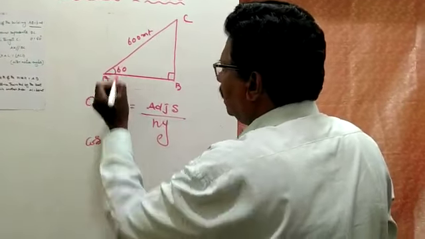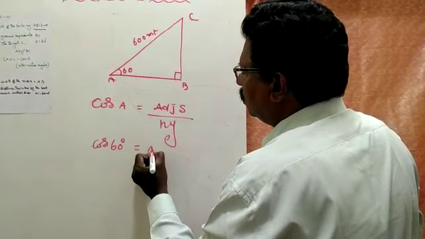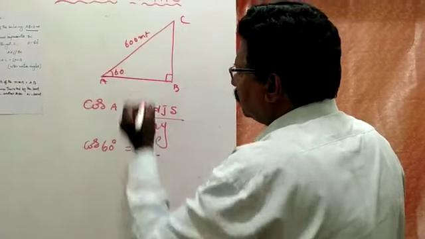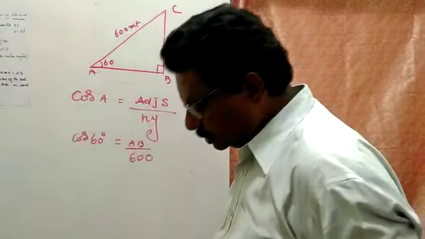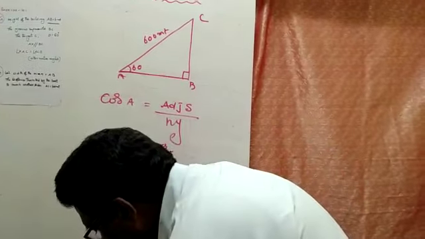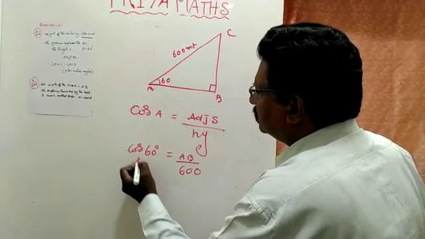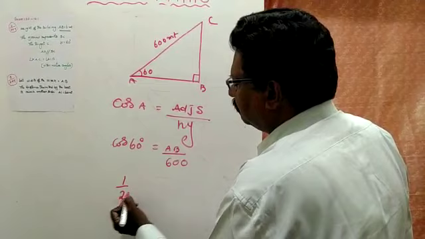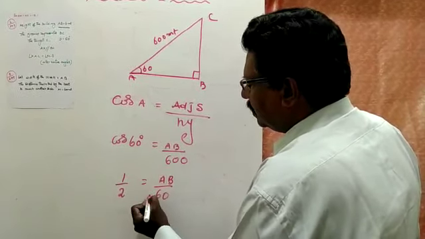Cos A means 60 degrees. Adjacent side you don't know, AB, by hypotenuse 600. So here you will find the cos 60 value. Cos 60 means 1/2. That is equal to AB by 600.